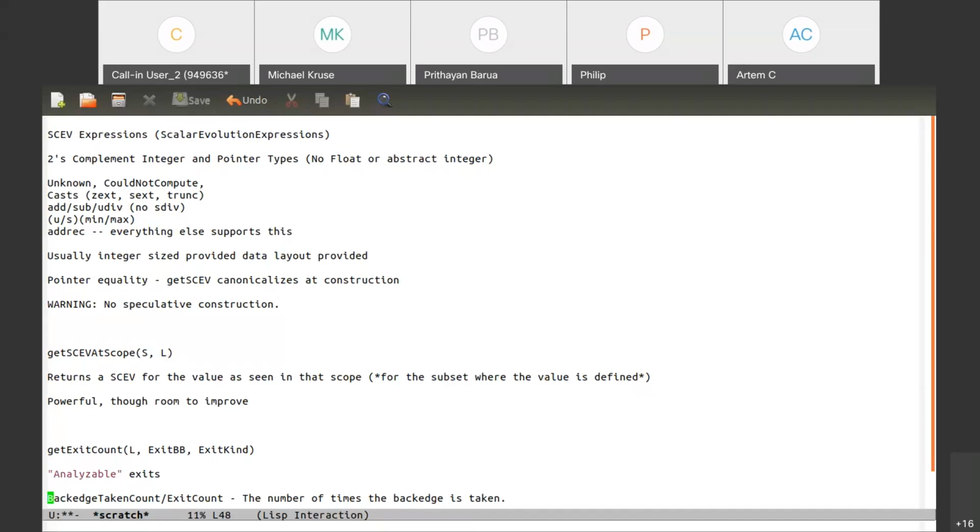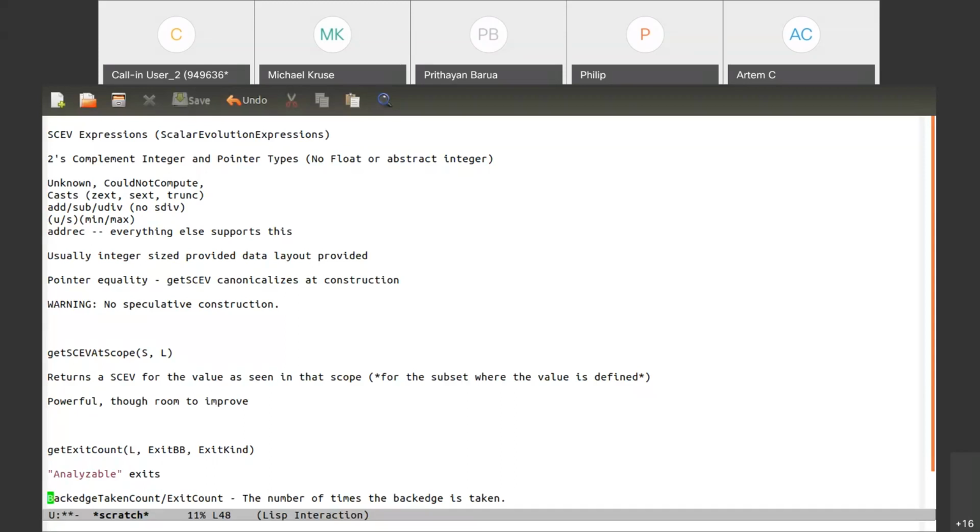The set of nodes in a SCEV expression is actually very limited. You have SCEV unknown, which is simply a marker for something that SCEV doesn't understand. It contains a pointer to the value that defines that expression, and that's it. You have could not compute, which is SCEV saying, I don't know the answer to this.